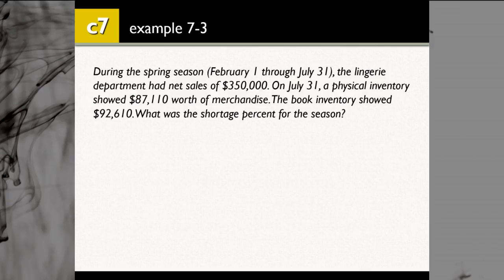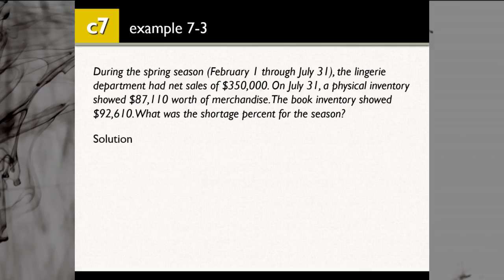Based on the formula that you learned in the previous slide, you can calculate your shortage percent here. But before that, you also have to calculate your dollar amount of the shortage. I said the difference between the physical inventory and your book inventory will be the shortage. In this case, your book inventory is larger than your physical inventory, so that's going to be the shortage.